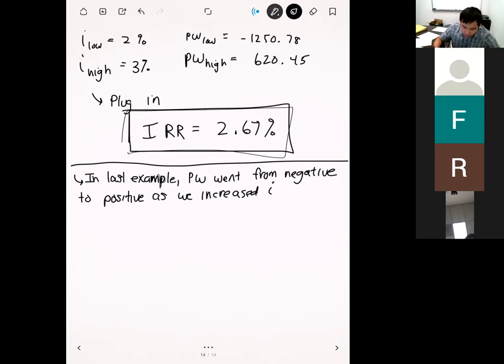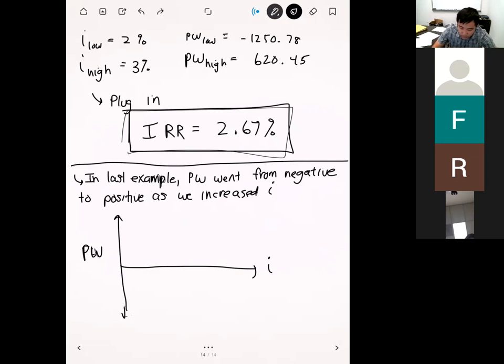All right, and so if we plot it, let's say that we actually did write the MATLAB code for this. On the x-axis we have i, and on the y-axis we have present worth. If we were to plot this, it would look something like this.